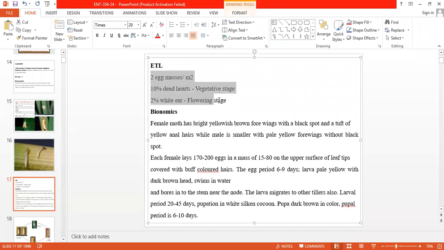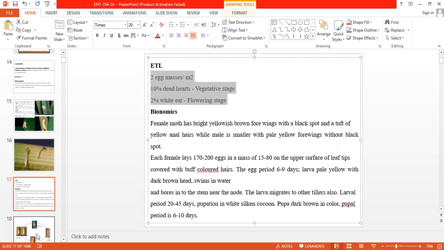At that time we should initiate the application of various management practices. So according to that ETL level we should apply the various management practices: 2 egg masses per square meter, or 10% dead heart symptoms in the vegetative stage, or 2% white ear symptoms in the flowering stage.